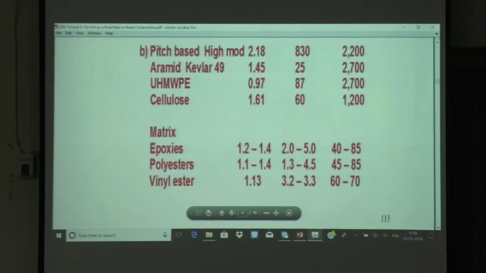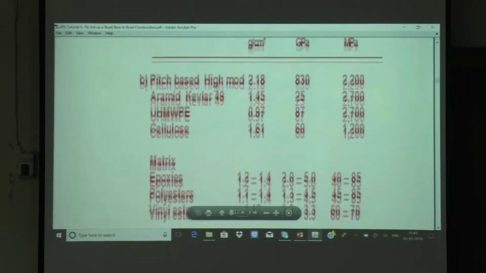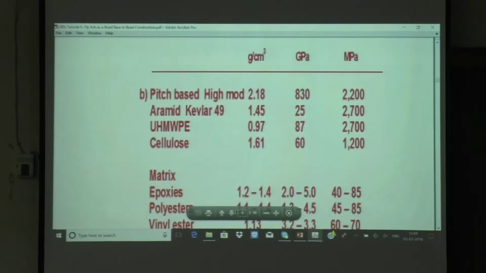The matrix, you can have epoxies. These are the ceramic or the thermoset matrix. You can have epoxies. Okay.